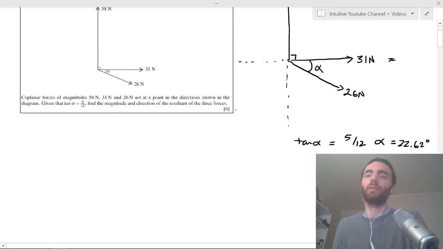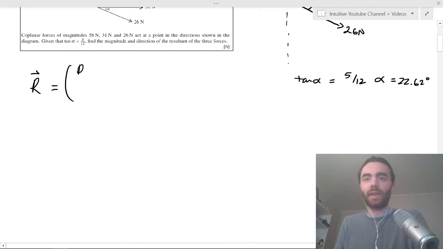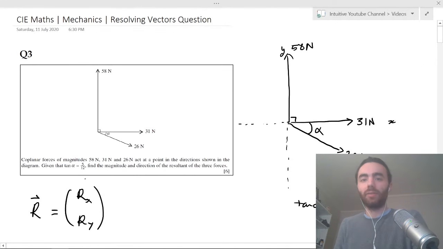And really the key thing you need to understand here is that this resultant vector, I'll call it R, has these X and Y components, which I'm going to call Rx and Ry. So this is the X component and the Y component of our resultant vector. And these components, Rx and Ry, are equal to the sum of all of the X components of these three vectors and the sum of all the Y components of these three vectors.